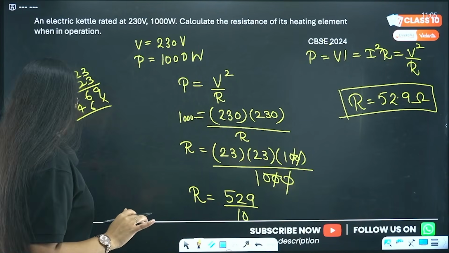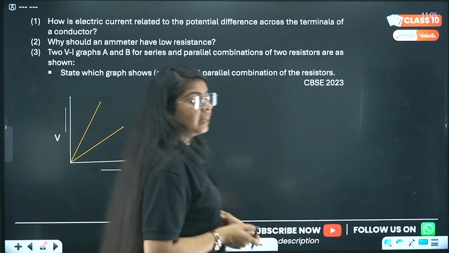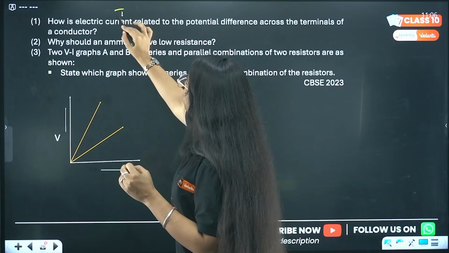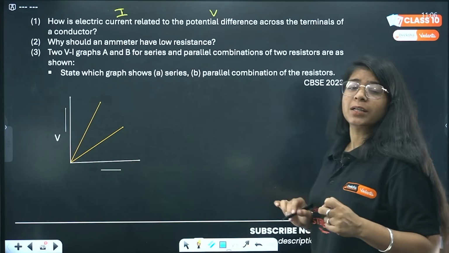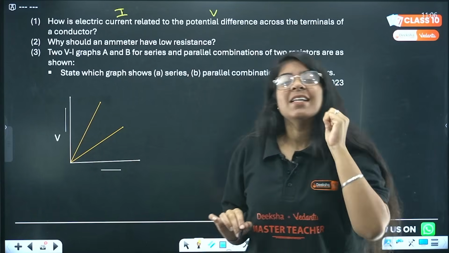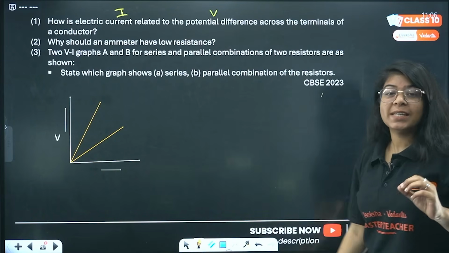Next question. How is electric current related to potential difference across the terminals of a conductor? This is a very basic question, but it has come in the CBSE board examination.